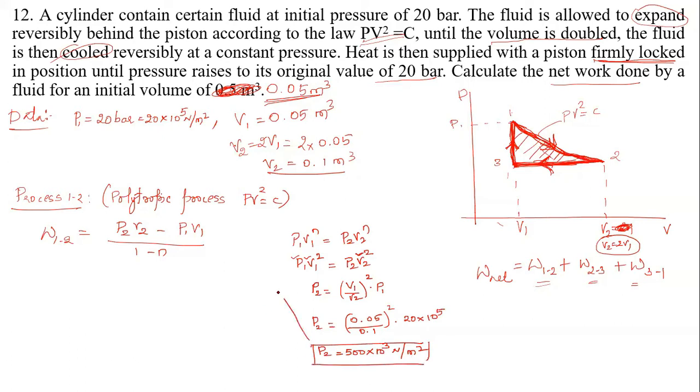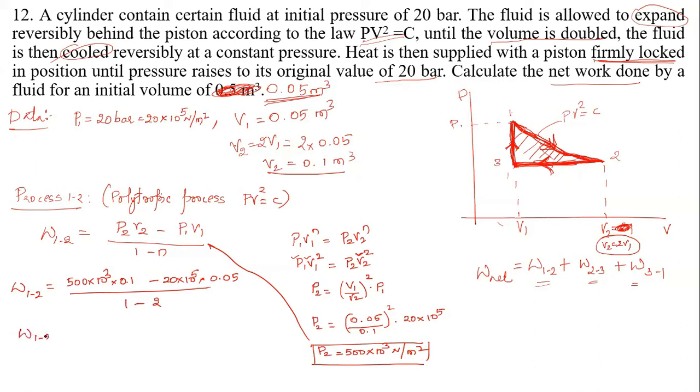Once you get P2, substitute into this expression. Therefore, W1 to 2 is equal to P2, 500 into 10 to the power of 3, into V2, which is 0.1, minus P1, 20 into 10 to the power of 5, into V1, which is 0.05, divided by 1 minus n. n is 2.